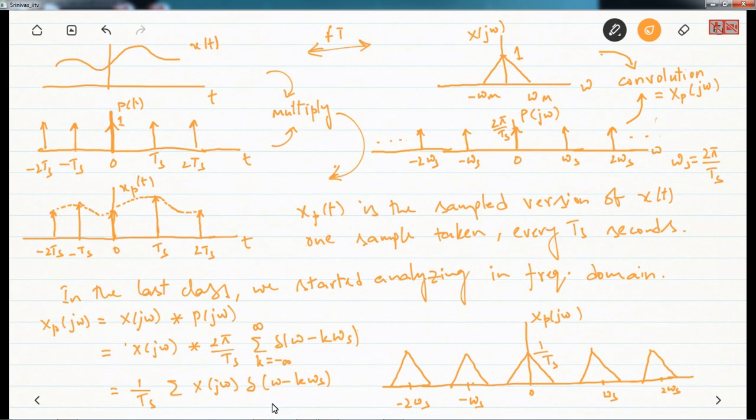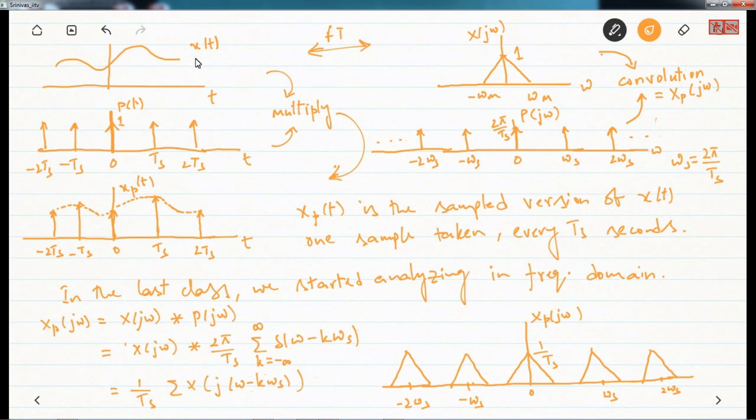Yes, sorry, there was a mistake here. This is X(j(ω minus kωs)). Yes. Just take another 2 minutes.